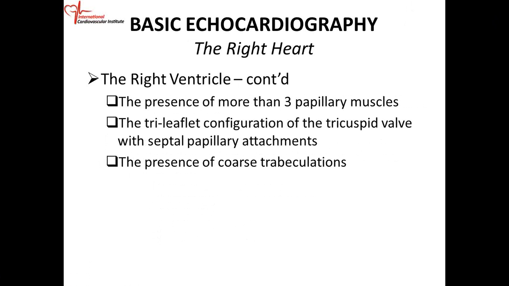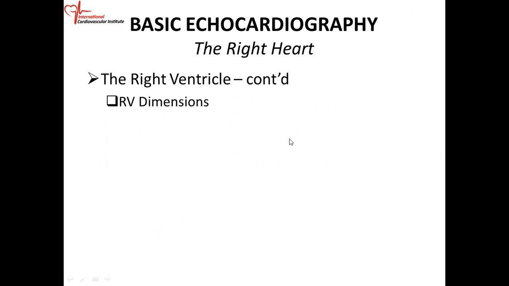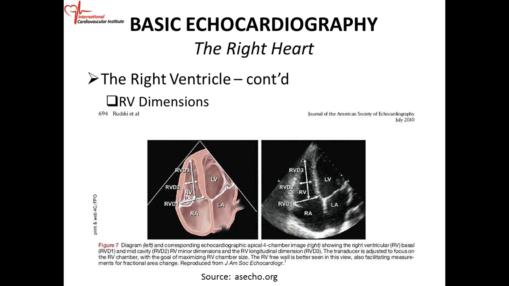The right ventricle tends to have more trabeculations than the left ventricle. And then the tricuspid valve has 3 leaflets. You also have to know about the dimensions of the right ventricle, and these are measurements.